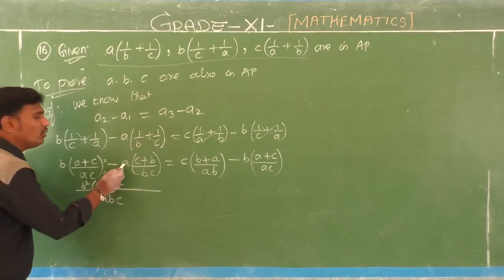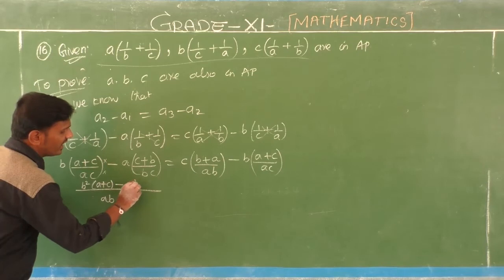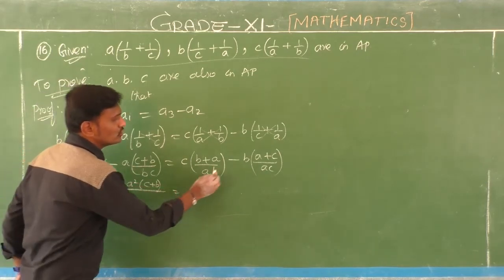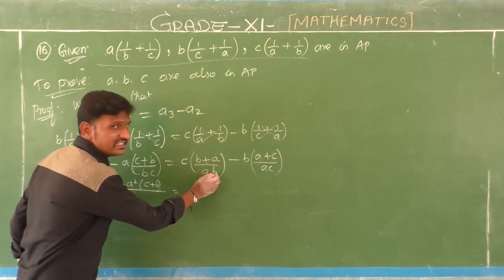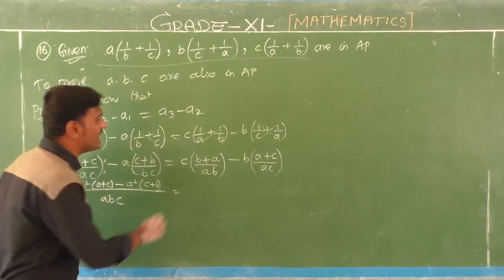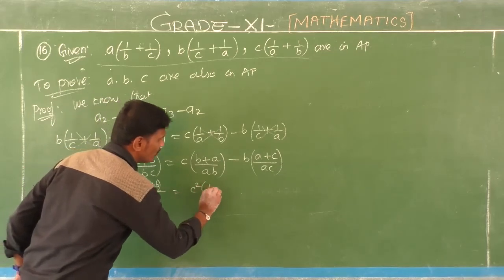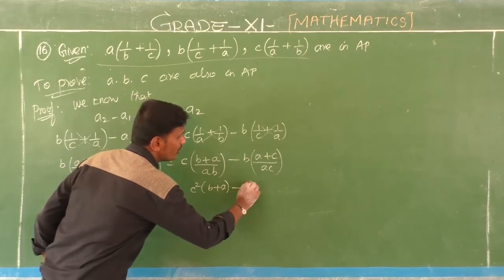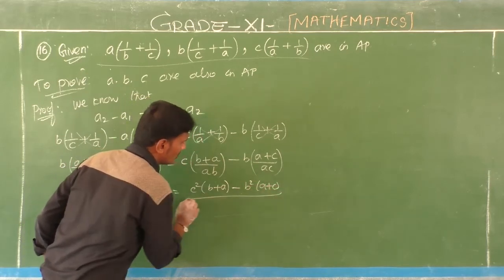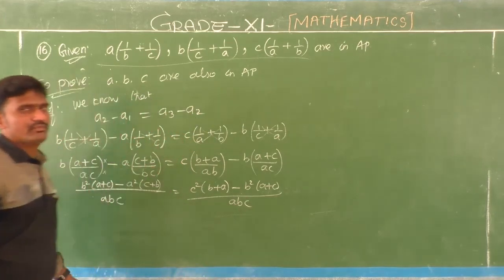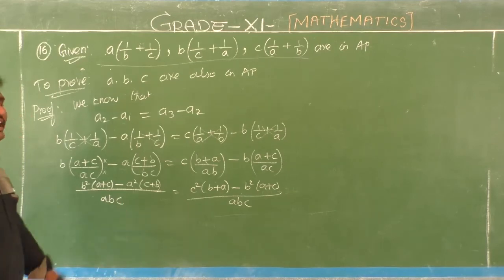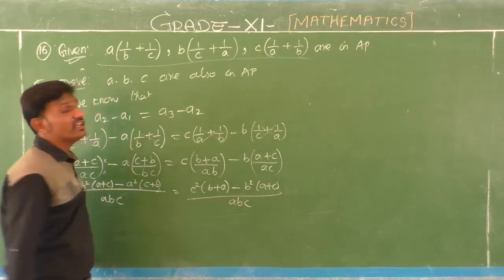A. And already you have one more A, so A square into C plus B. Which is equal to, here also AB is available, I am going to multiply by C, already having one C, so C square into B plus A, minus B square into A plus C, whole divided by ABC. Yes student, it is very simple. Look at the left and right side, the denominators are the same, so simply I am cancelling these two denominators.